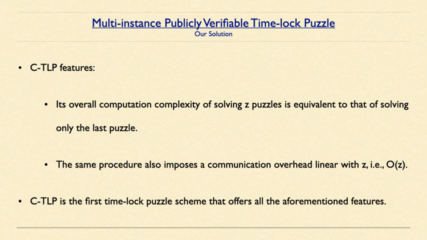Also, solving puzzles imposes communication costs linear with the total number of puzzles, Z. So its communication complexity is O of Z. Our chained TimeLock puzzle scheme is the first TimeLock puzzle protocol that offers all the aforementioned features.